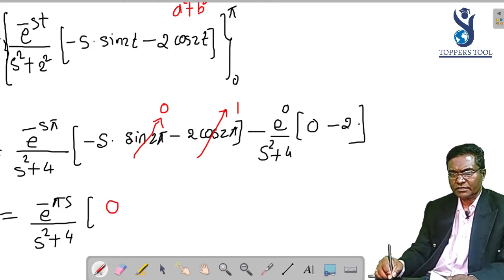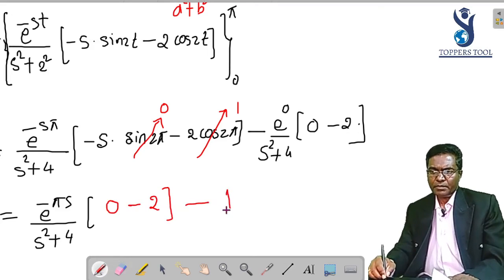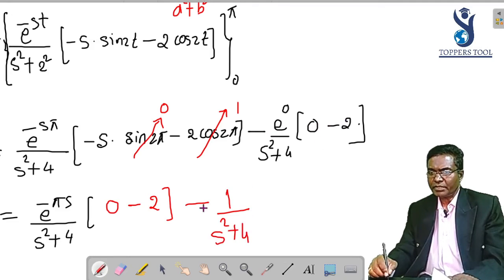So the first term becomes 0, minus 2 you will get. E power 0 is 1 by s square plus 4, and minus into minus plus 2 you will get. You can write plus 2.